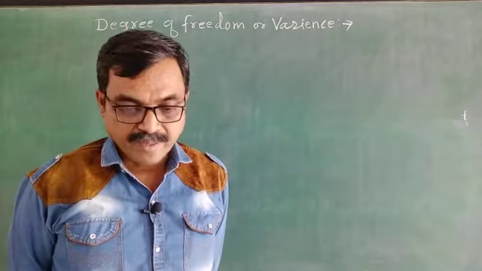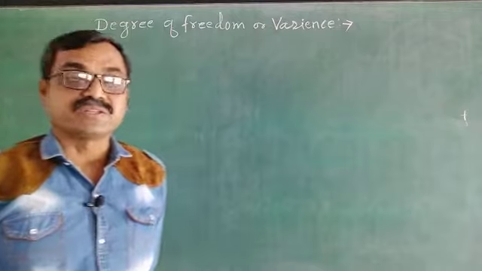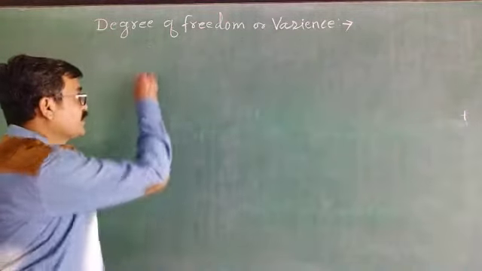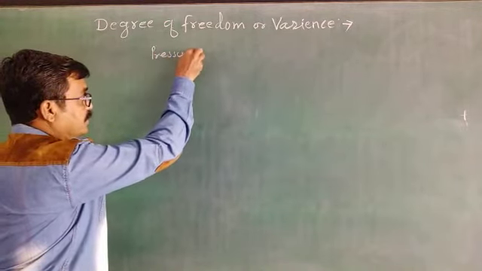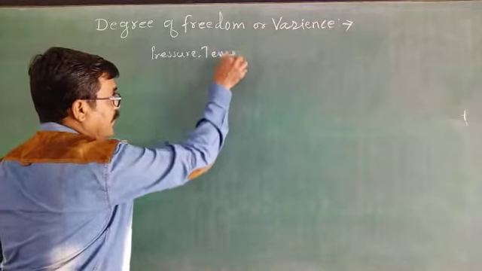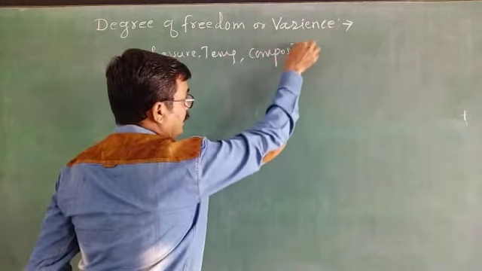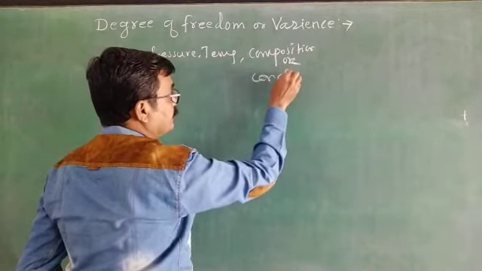Degree of freedom can be defined as the minimum number of variable factors, just like pressure, temperature, composition or we can say concentration.